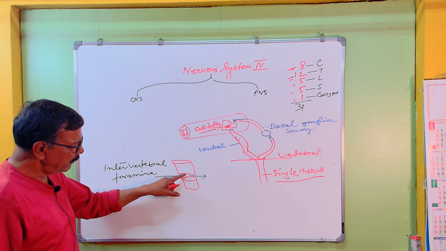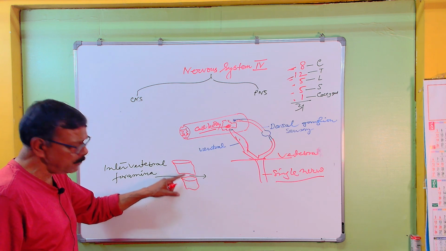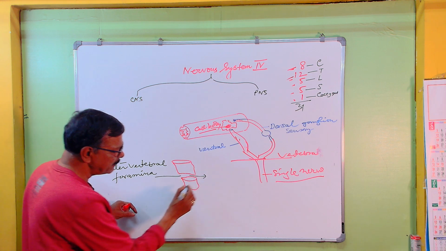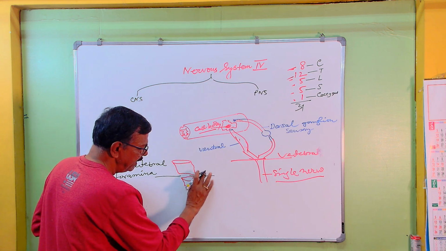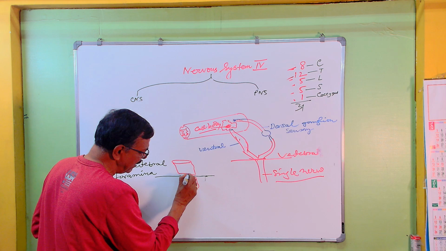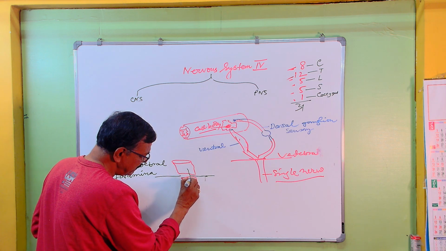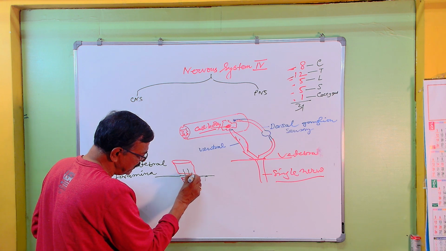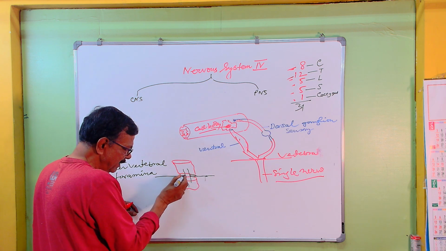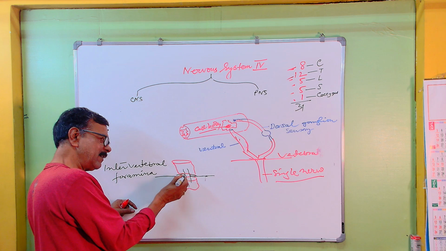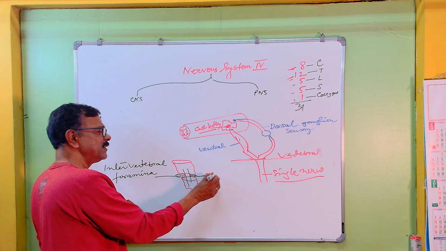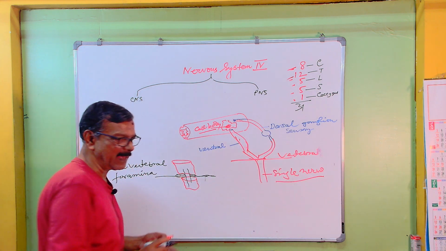In between the two vertebrae, the nerve comes out as a single nerve, while the spinal cord has one root here, one root here, and so on. The two roots unite to form a single nerve.